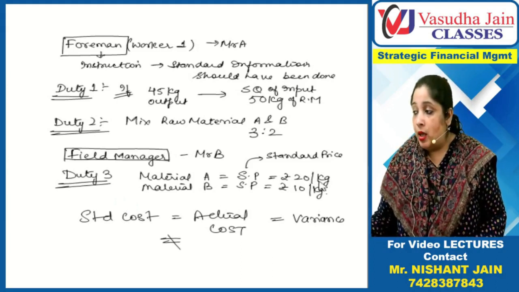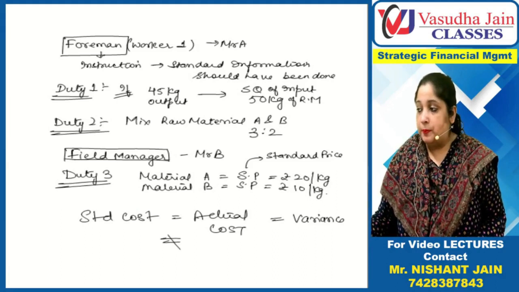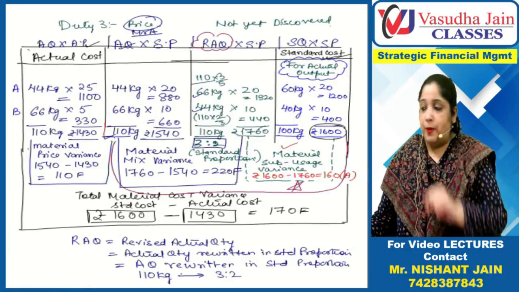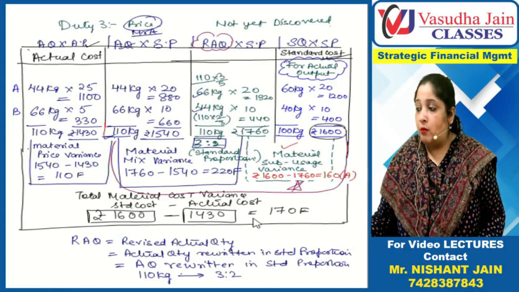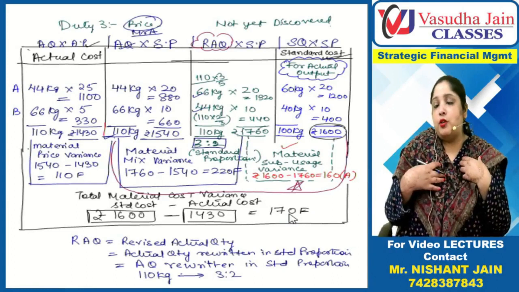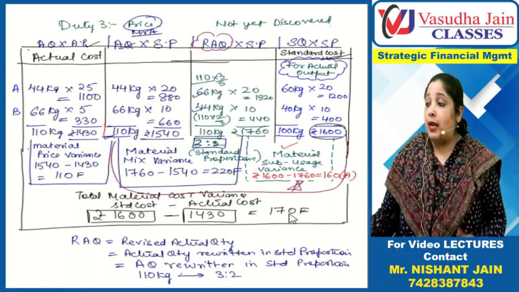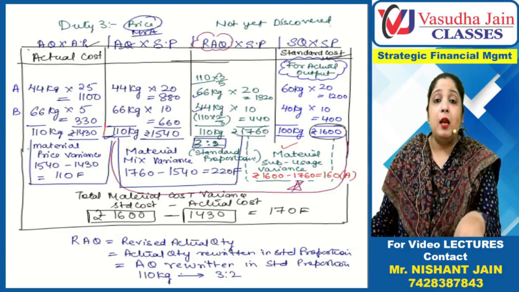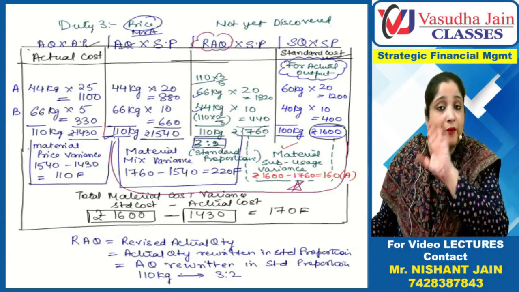Now if I talk in general, and if I say to you two people, because of you I have suffered this favorable variance of 170, they will say, ma'am, it is not because of me. After doing so much analysis, I can tell them pinpoint correctly because of whom how much loss I have suffered.